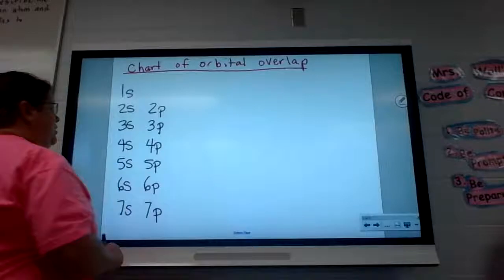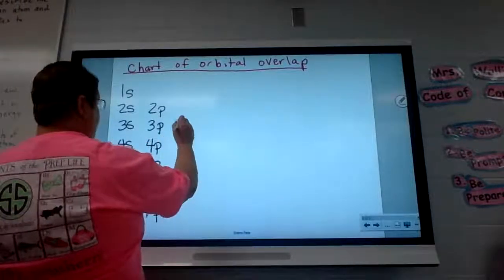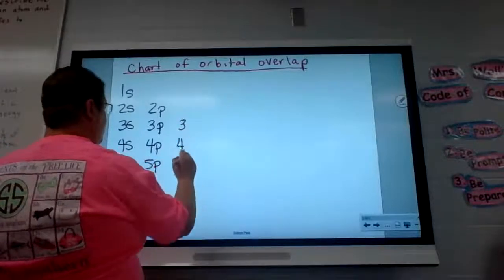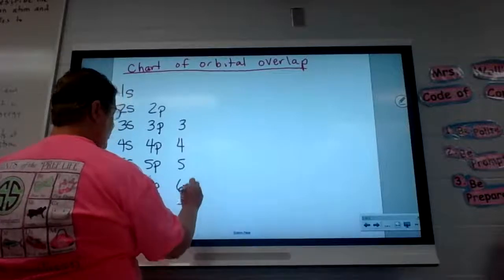Now, why do we start at 2? Does P have a 1? No. All right, so the third row is going to start at what? 3, because we can't have a 2D. And these are all going to have D's.